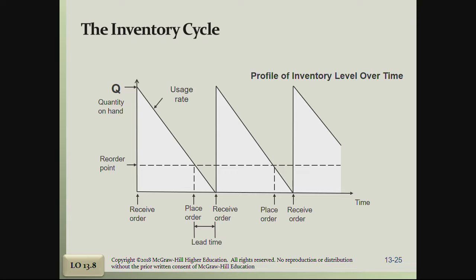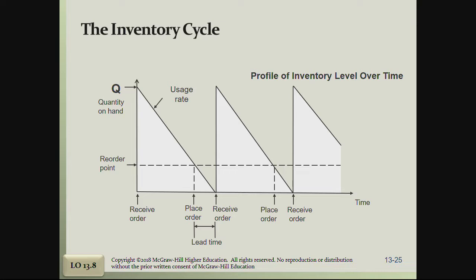So the average captures everything, right? If you can guess the average. Sometimes it's not easy to guess the average, but that is related to what Joshua just mentioned. Q is our maximum level of on-hand inventory, going straight down to 0 at a constant rate. Then you can see this is a triangle.